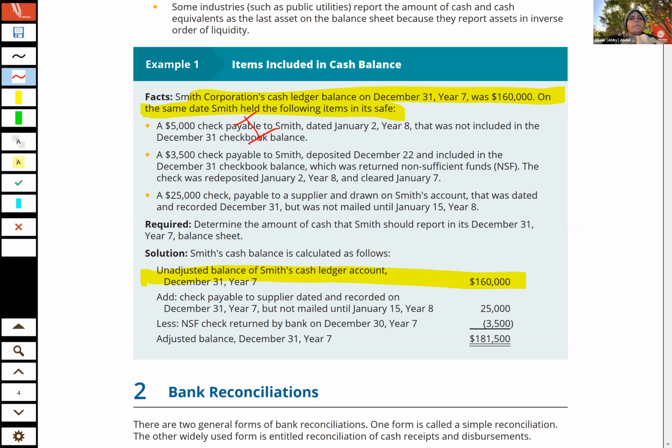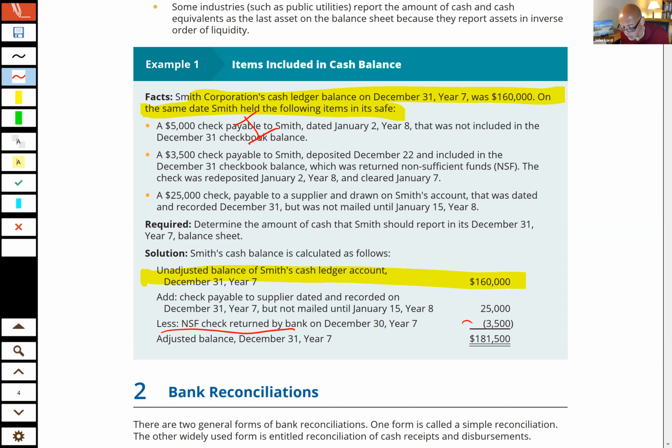No, it was not. We did not have future economic benefit in that check on that date because it didn't have the funds, right? So notice for that NSF check, they're going to back it out of that unadjusted cash balance.